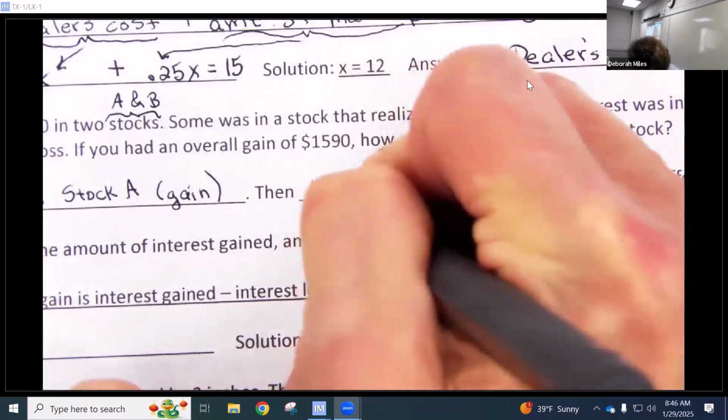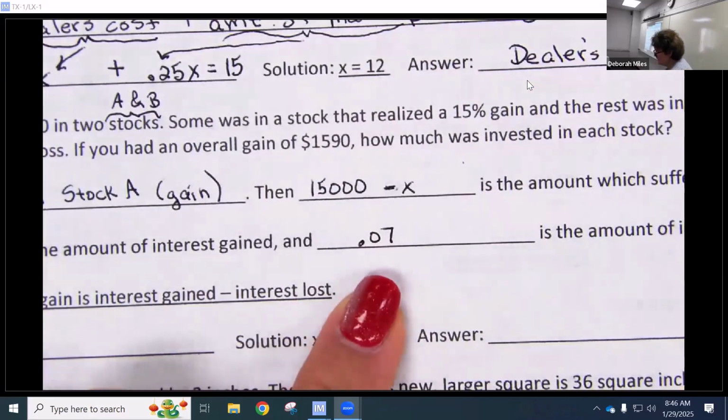Close, you're right about the 0.07, but I didn't have X dollars in the losing account.